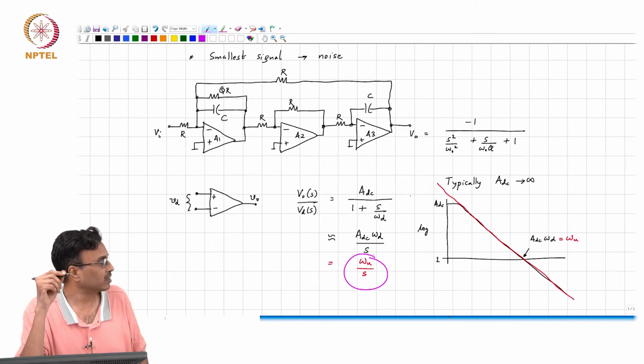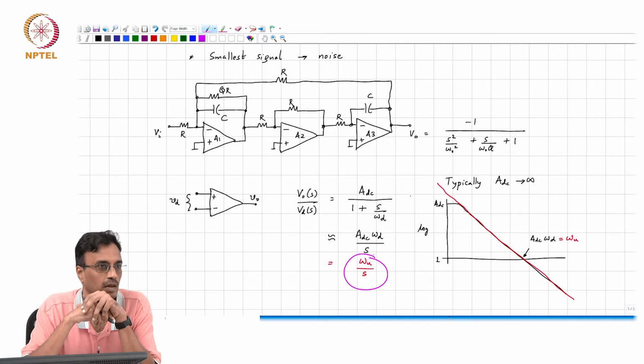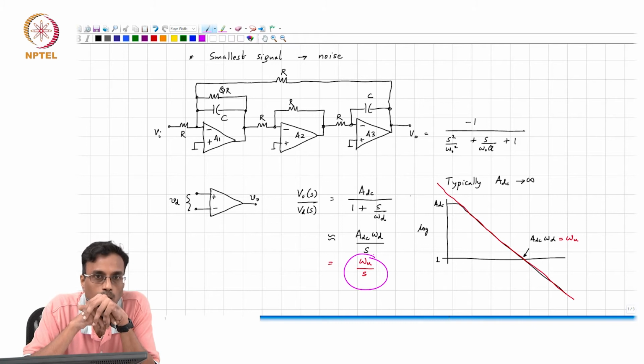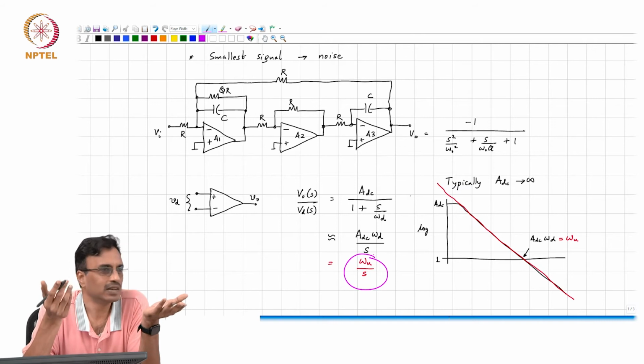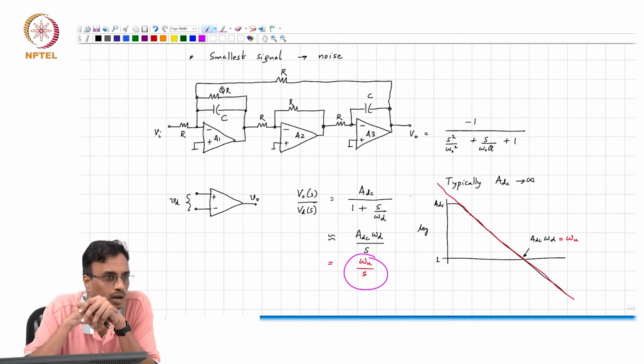So, now the question is, what is the order of this so called filter now? What is the order of the transfer function? What do you think? Well, every op amp has now got an additional pole. So, this would be a fifth order transfer function, right.